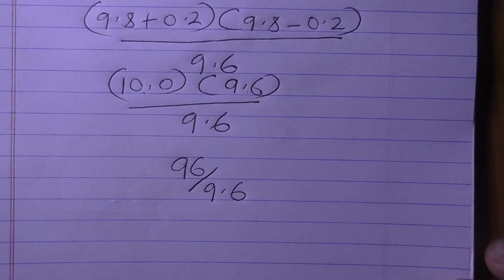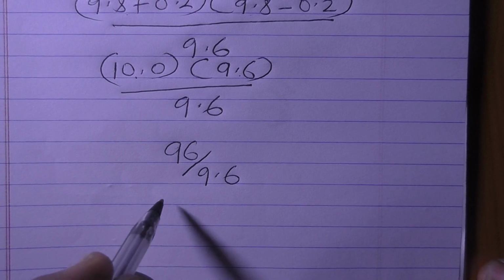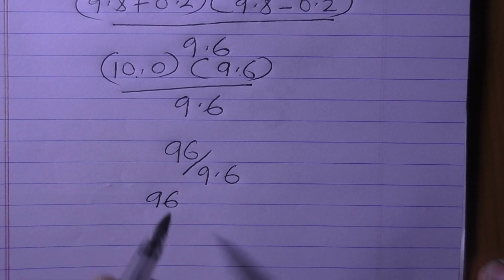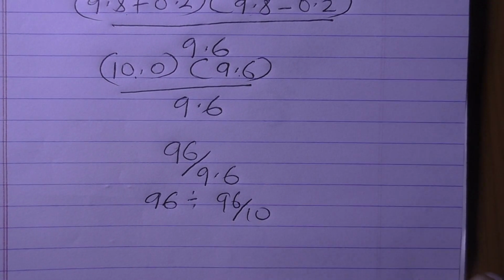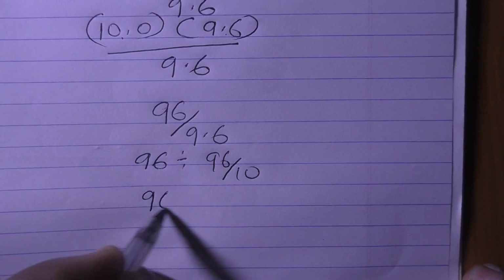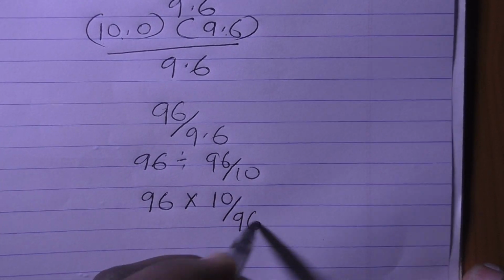Since we are not using calculator or tables, we have to further show the working. That means this is 96 divided by 9.6, which is the same as 96 times the reciprocal of this, which is 10 over 96.